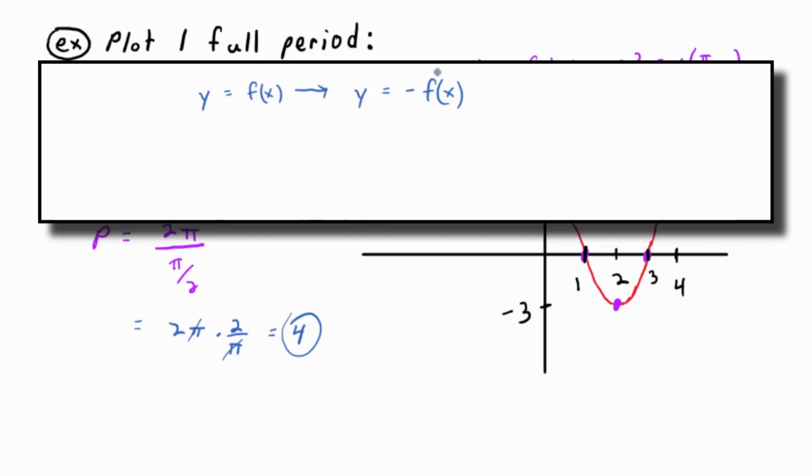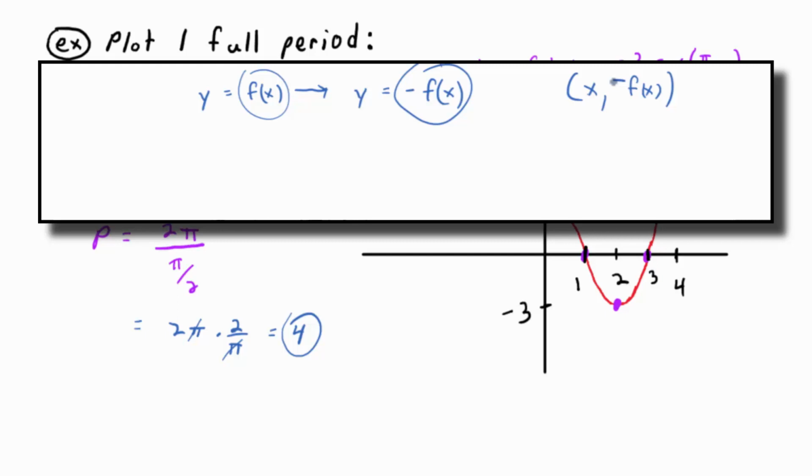Remember, the curve that you graph when you graph a function is the set of all ordered pairs with input x, and for this one anyway, the output would be f of x. But if you plot this one, it's the input of x and the output of the opposite of y.